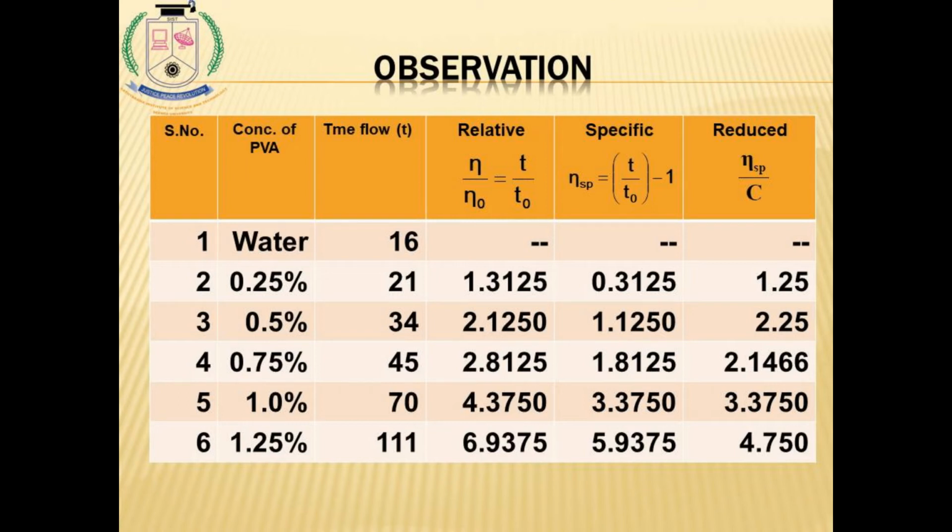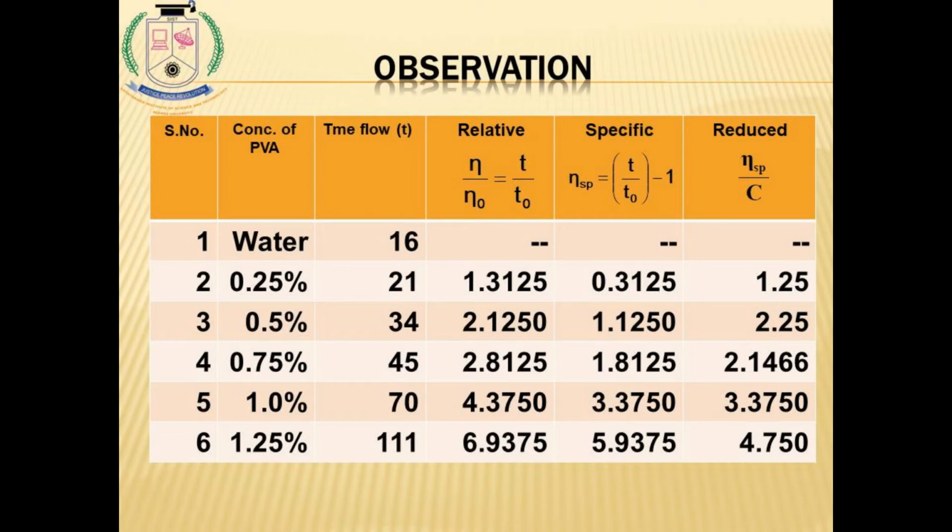For water, it took 16 seconds, for 0.25%, 21 seconds, for 0.5, 34, for 0.75, 45, for 1%, 70 seconds, for 1.25%, 111 seconds. Okay. So now, as I told you, 3 types of viscosities.